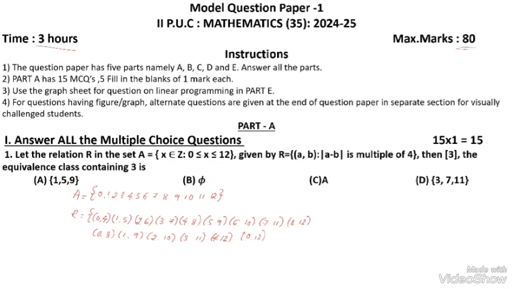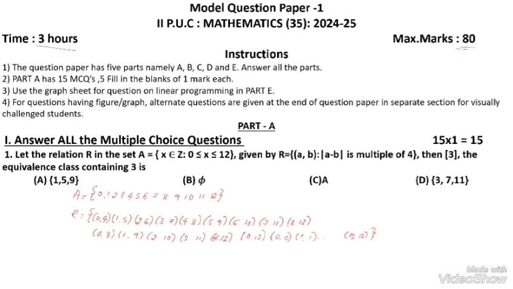Also every element is related to itself: 0 comma 0, 1 comma 1, where the difference 0 is a multiple of 4, and so on up to 12 comma 12. These are the set of relations.